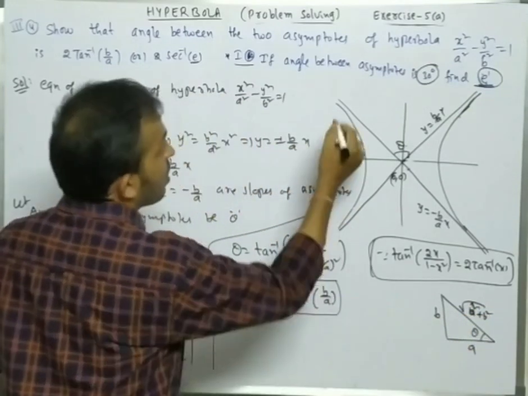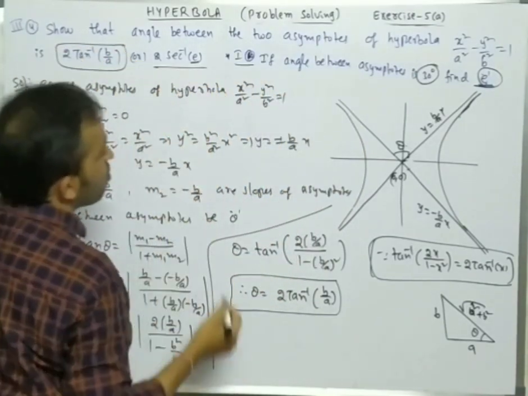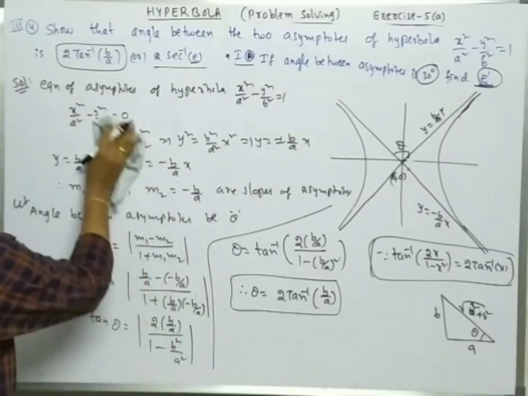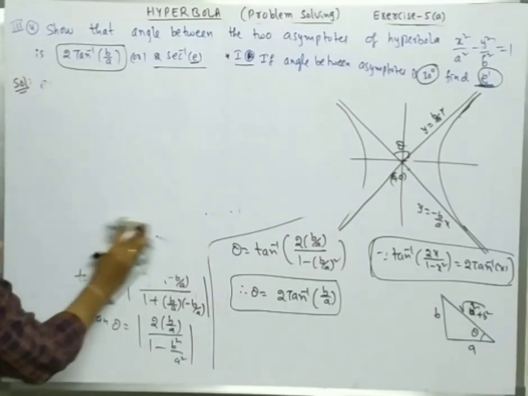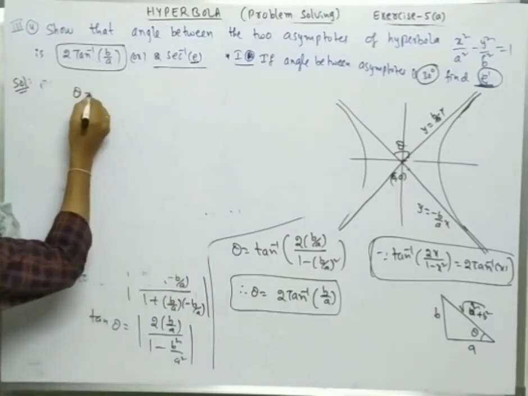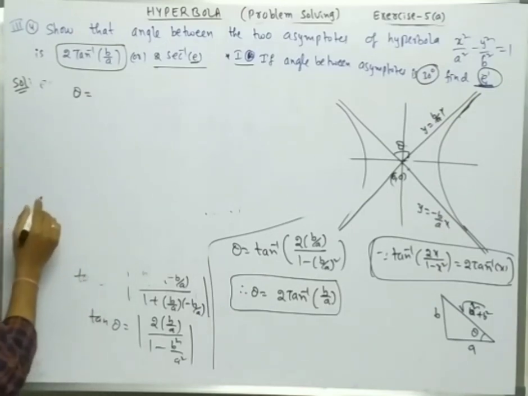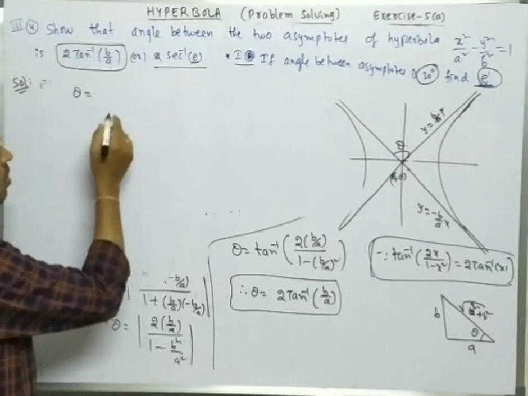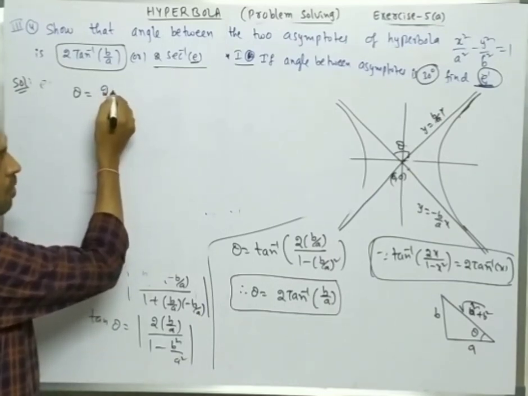So we already got one angle, with respect to secant. So theta is equal to 2 tan inverse of b by a, right?